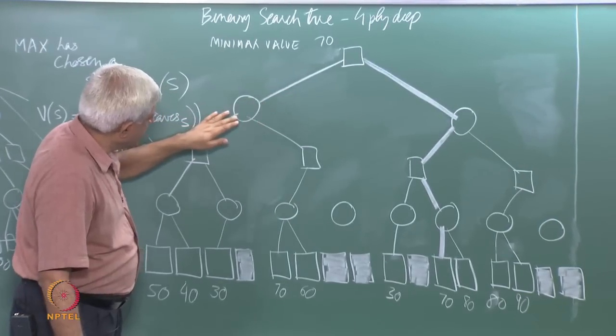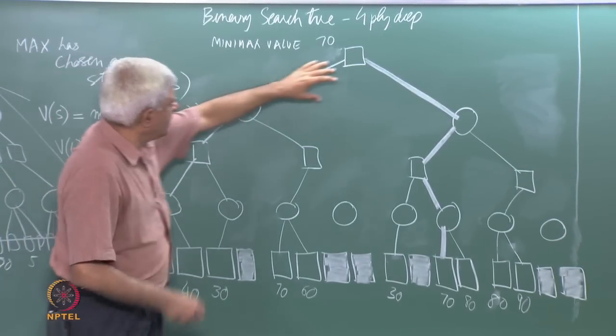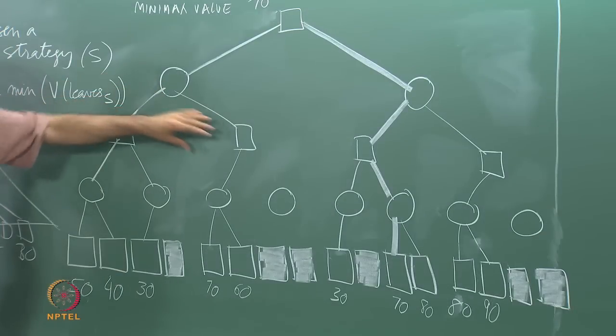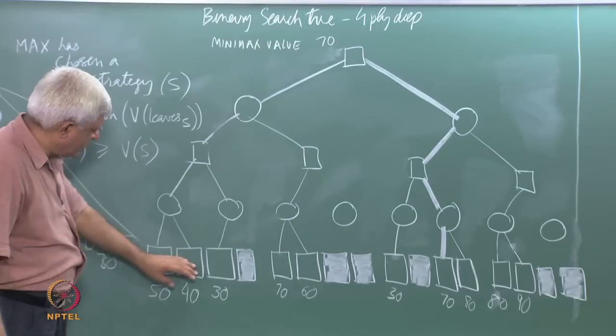Max has to encounter, so this strategy would be this choice for max, both these choices for min, this particular choice for max, and both these for min essentially.